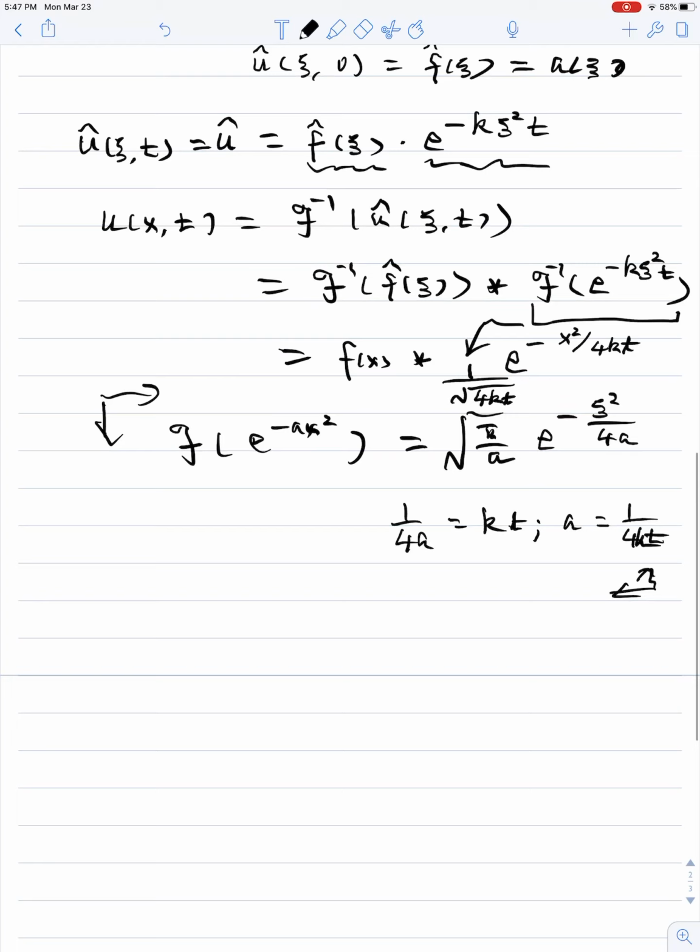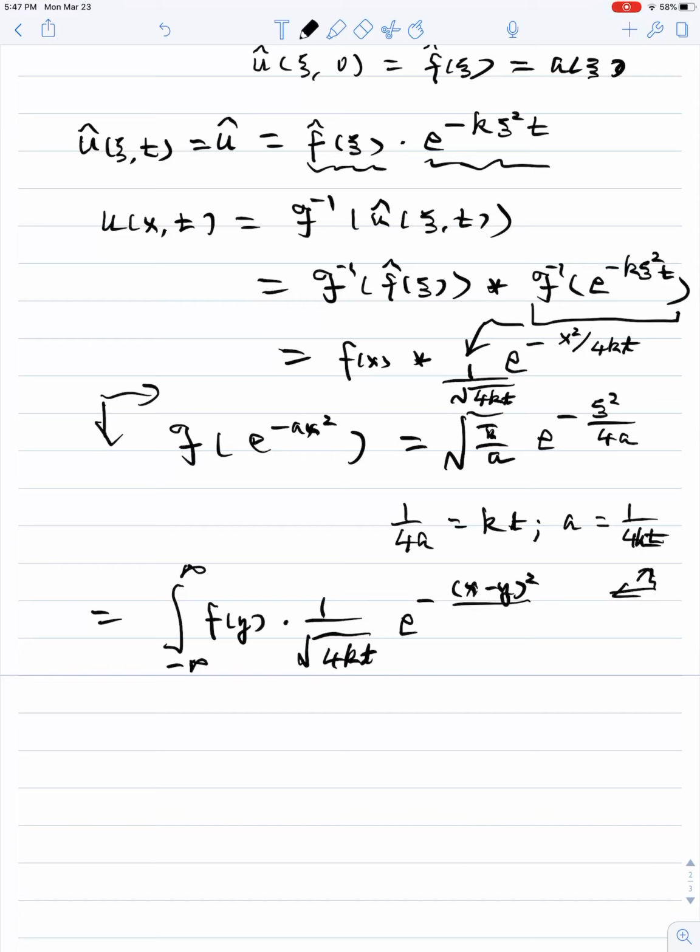Then this convolution, if you write it down, is actually the integral from negative infinity to positive infinity of f(y) times 1 over the square root of 4πkt, times e to the negative (x minus y) squared over 4kt, dy.